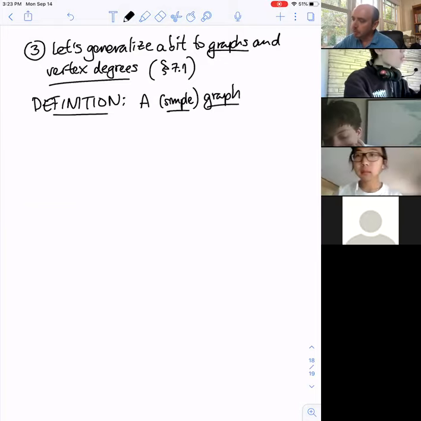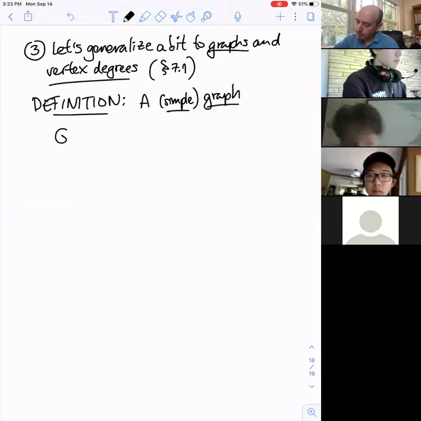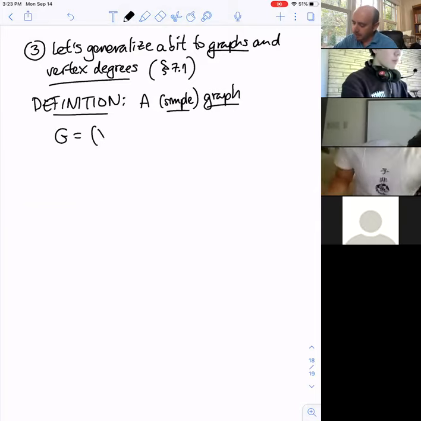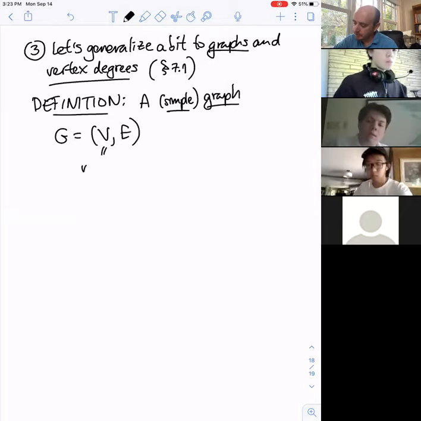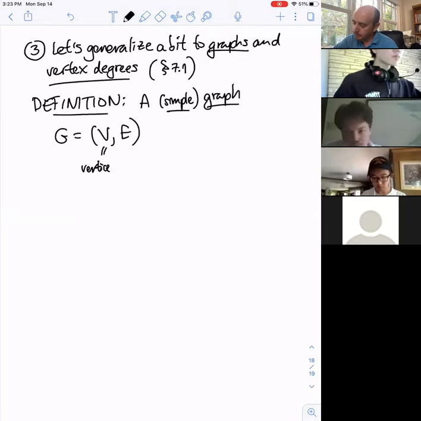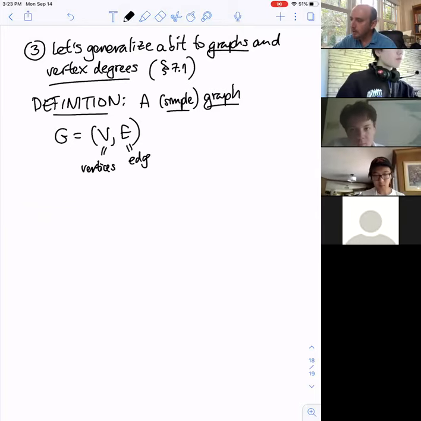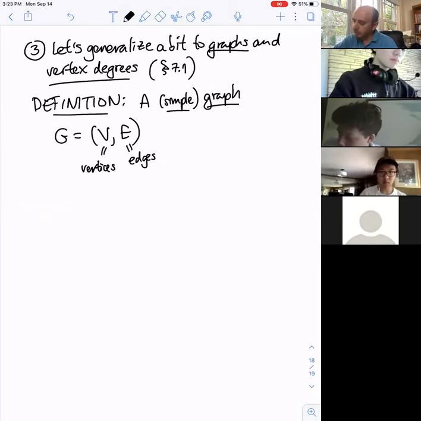A simple graph, usually people write G for the name of the graph, and it's got 2 things. It's a pair of the vertex set, vertices, which is a set, and edges, which is another set of pairs of vertices. Certain unordered pairs of vertices.